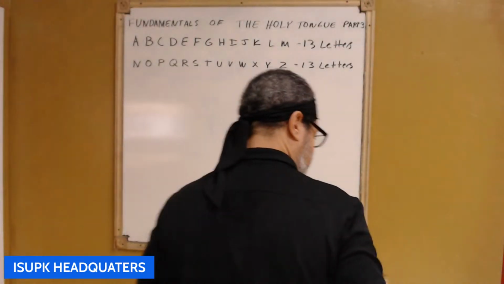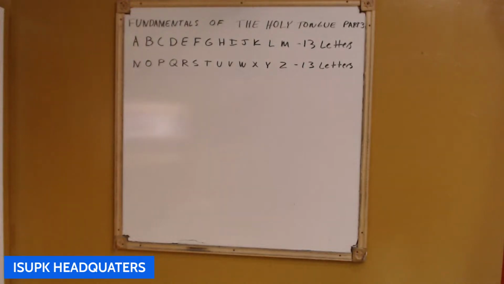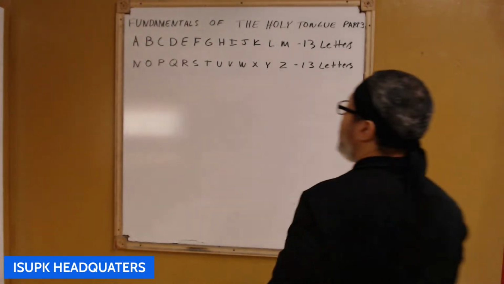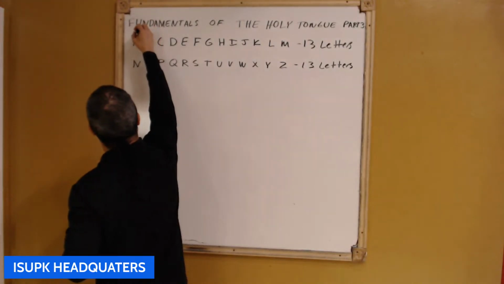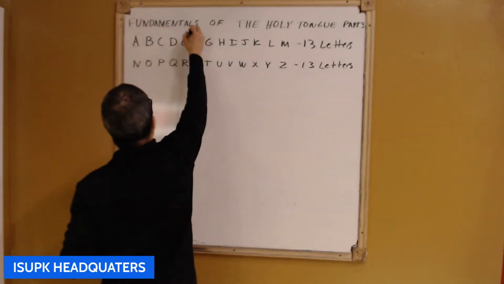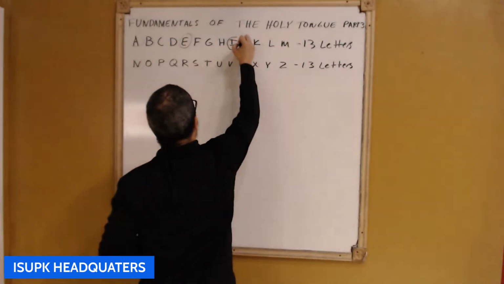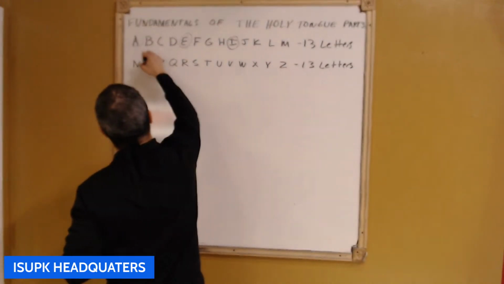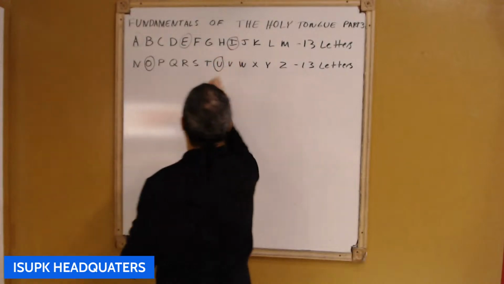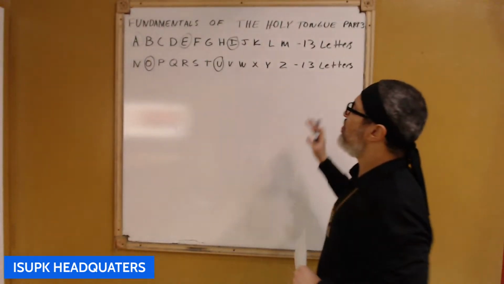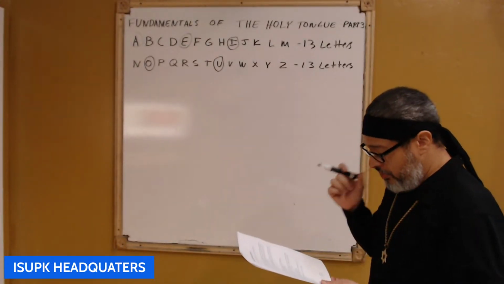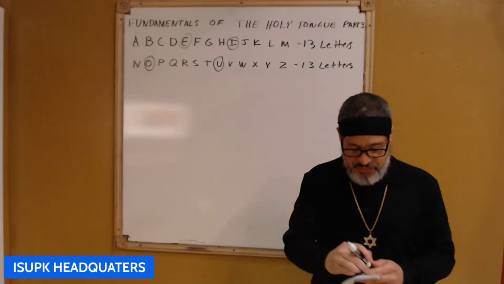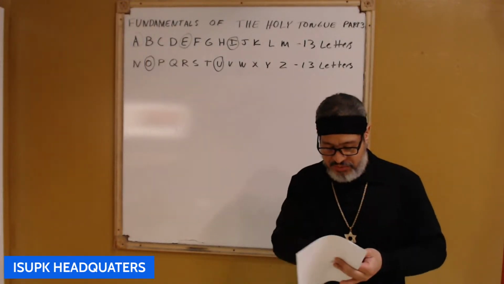In English, we have vowels, A, E, I, O, and U, which create sounds and form many different words. But in Hebrew, there were no vowels. So Hebrew is read and written from right to left.